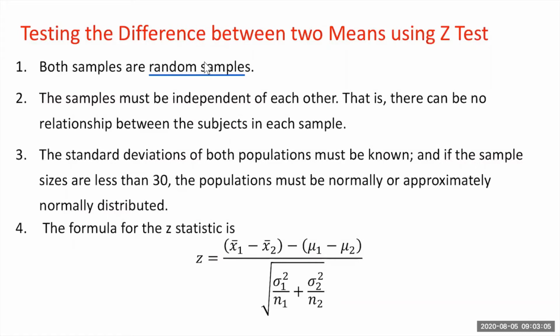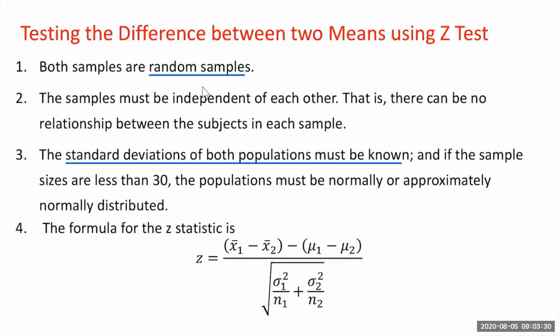And whenever you're using the z-test, the standard deviation must be known. The standard deviation of both populations must be known. That is another important thing that we must have. And if the sample size is less than 30, then the population must be normally distributed. But to use the z-test, the standard deviation must be known.